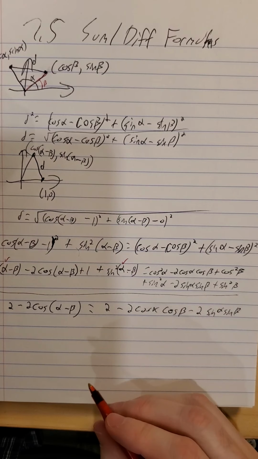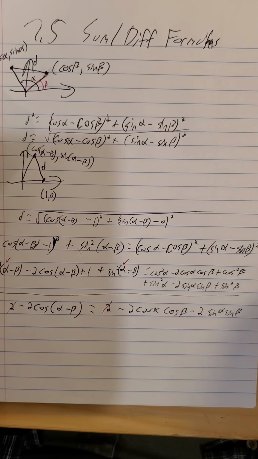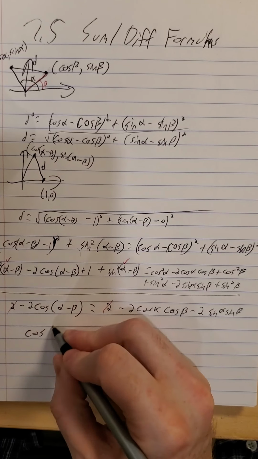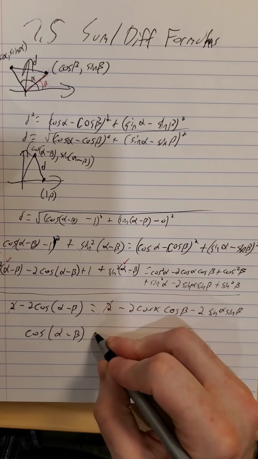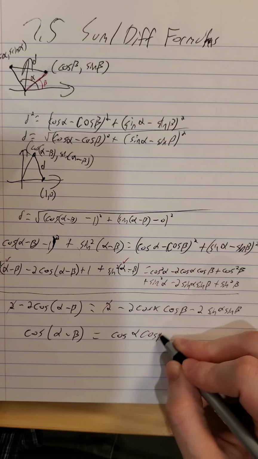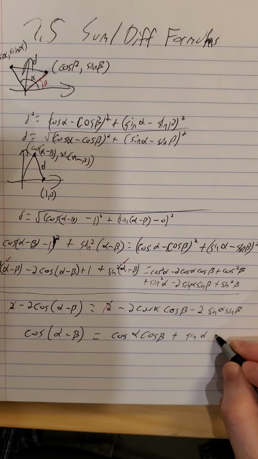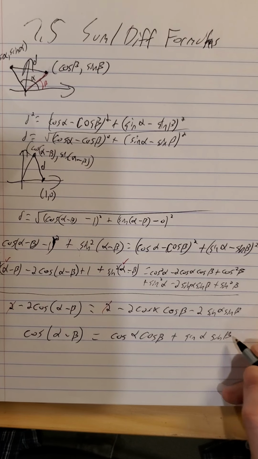Divide both sides through by 2. We can also cancel these 2's, so cosine of alpha minus beta is worth cosine alpha cosine beta plus sine alpha sine beta.